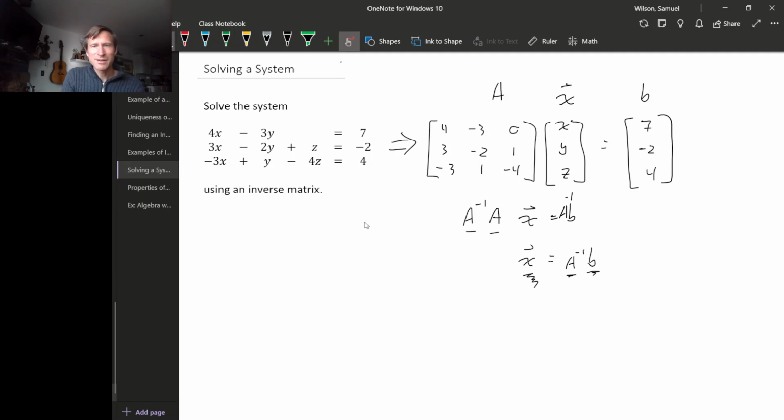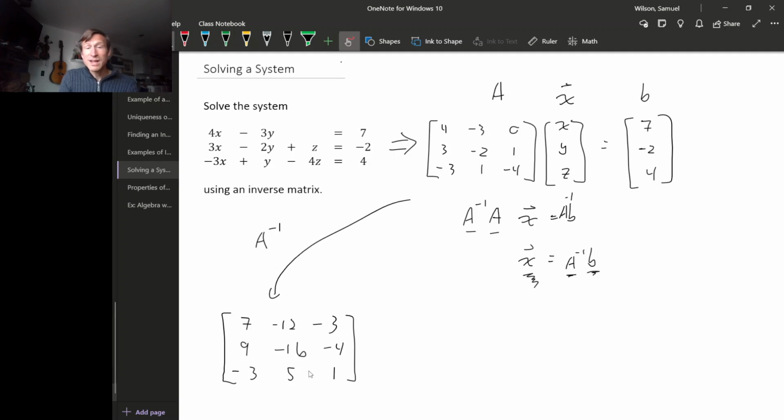So let's do that. What is the inverse of this matrix? Well, you have to calculate this matrix inverse in the usual way. I won't drag you through the calculation, but it turns out that it's [7, -12, -3; 9, -16, -4; -3, 5, 1].